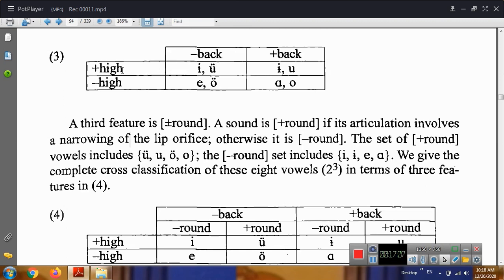We want to specify those vowels in Turkish which are plus high and minus back. Please pay attention to this table. Using which sounds are plus high and minus back. Pay attention to this point: when we have more than 1 or 3 distinctive features, as the distinctive features are added, the sounds become less.